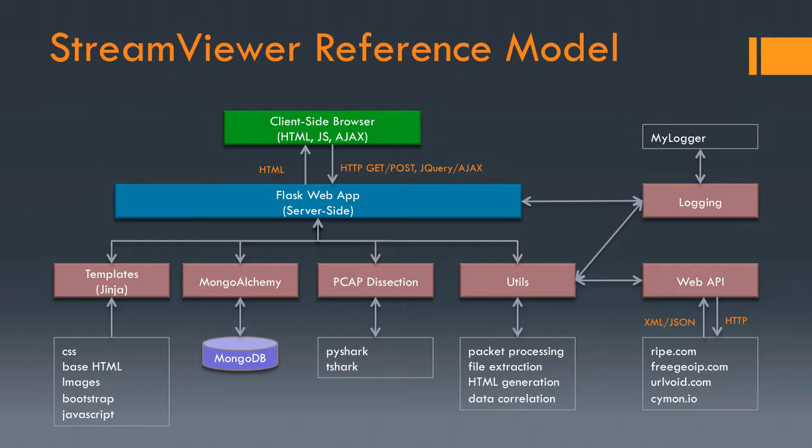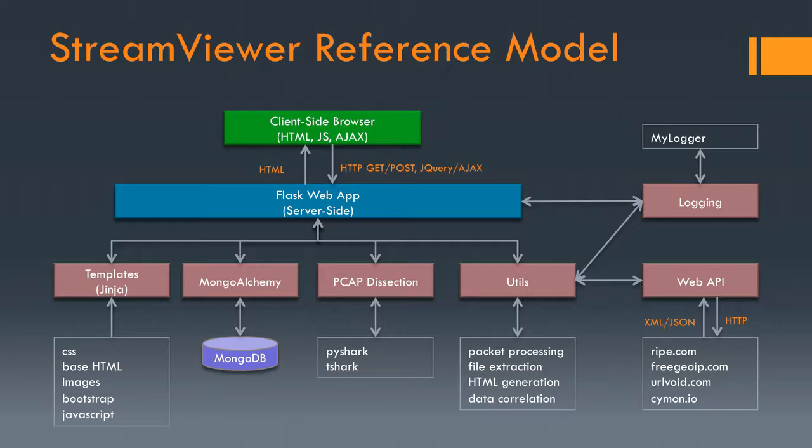And there's a utilities module which does pretty much most of the packet processing, file extraction, HTML generation, and data correlation. There's also an extension of the utils modules for what I'm calling Web API. That's really used to interface with external data sites like RIPE, FreeGeoIP, URL Void, and Simon.